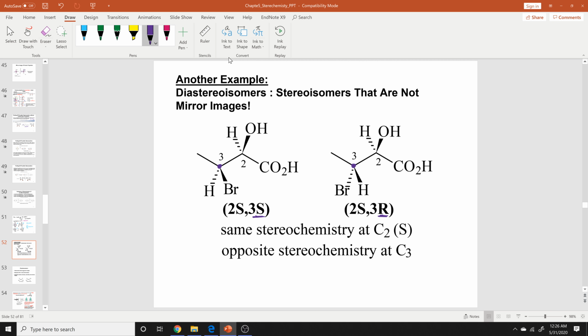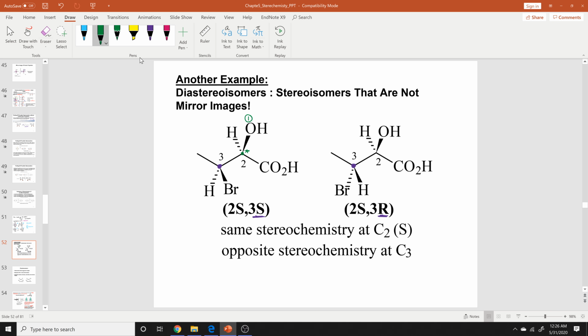When you're setting the priority again, you look at one atom at a time. So with respect to this chiral center here, this is a priority 1. You have a carbon, oxygen, carbon, bromine. Notice, don't let this confuse you.